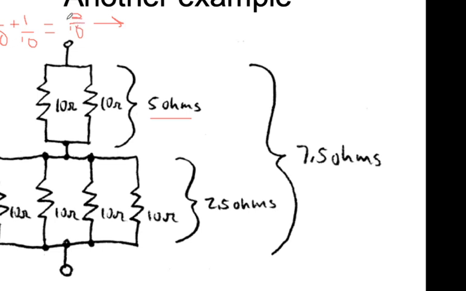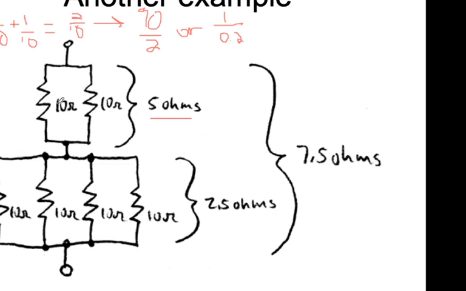Or we could do 2 over 10, which is 0.2, and instead of a fraction, calculate 1 divided by 0.2, which gives us 5 ohms.